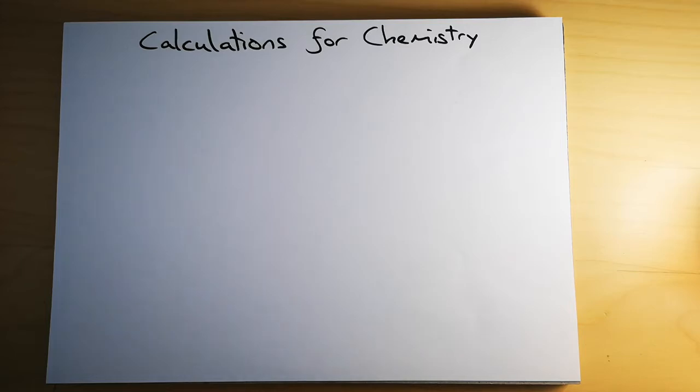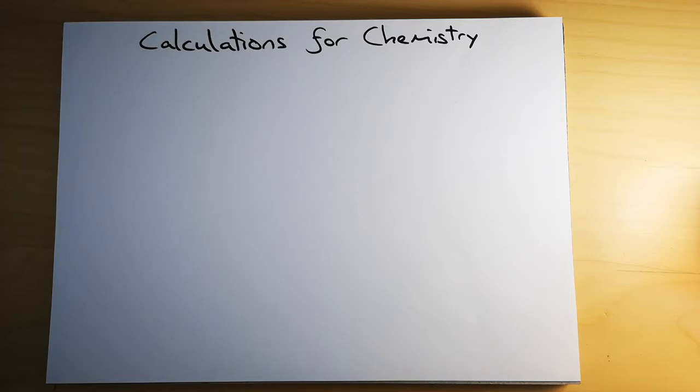What I'm going to do is give you one really big full example, really recapping everything that we've done, and giving you the rundown of how to work this molar calculation.